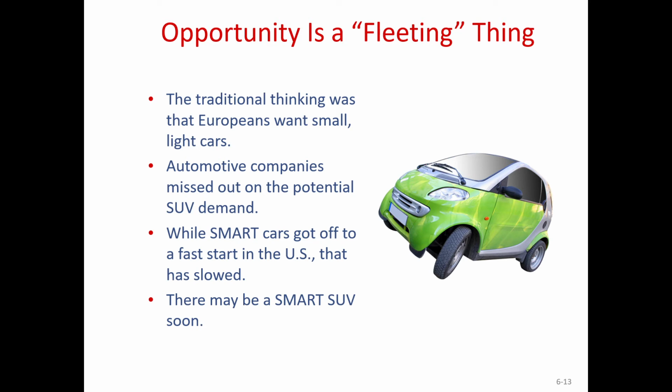US producers as well are turning production away from large SUVs like the Hummer towards new entries like the Chevy Volt. The relative success of new entries against European minis like the Smart may well depend on the exchange rate, which makes European entries expensive in the United States. But what if there may even be a Smart SUV, a miniature version of the American icon? Well, it's difficult to say what the Smart future will be.